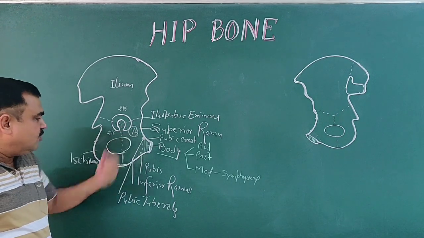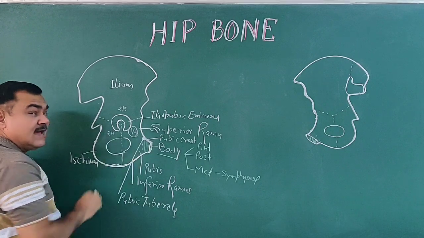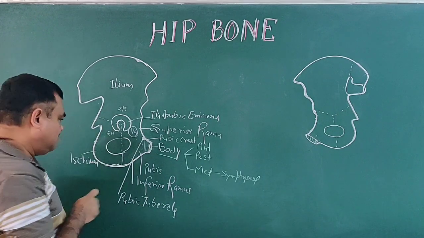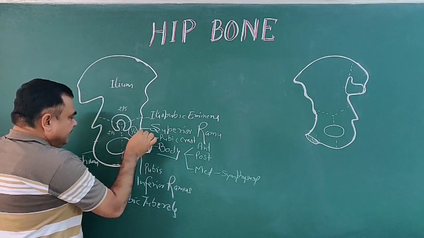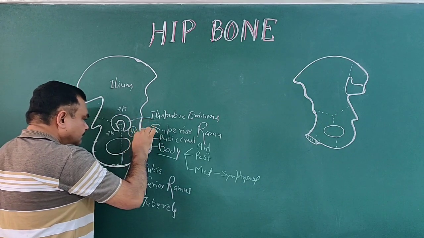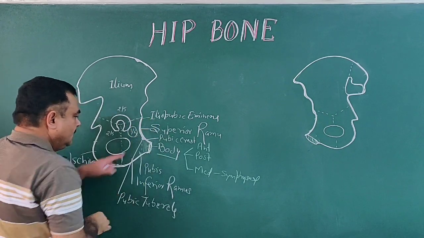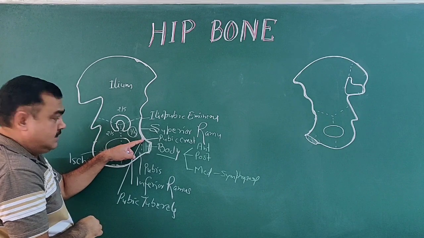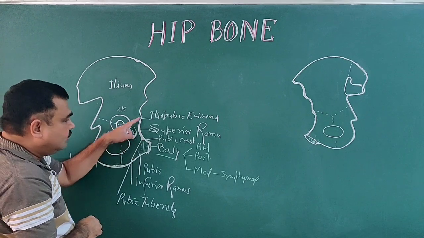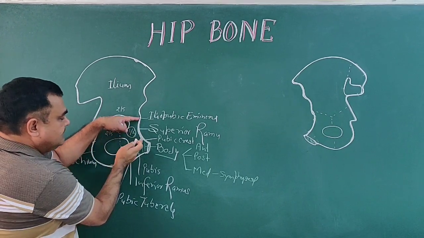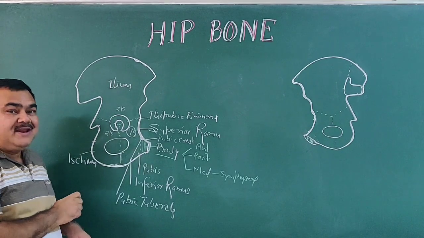The pubic ramus has three surfaces and three borders. This border, from the pubic tubercle to the iliopubic eminence, is the superior border.